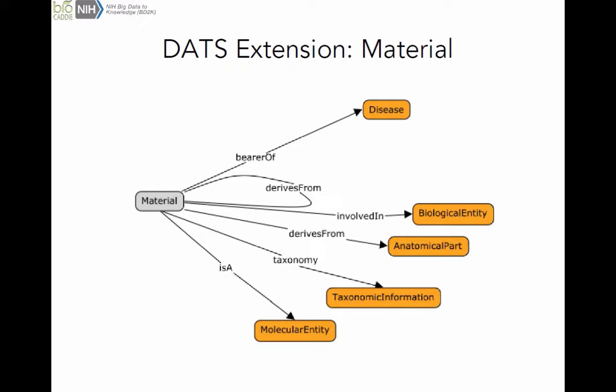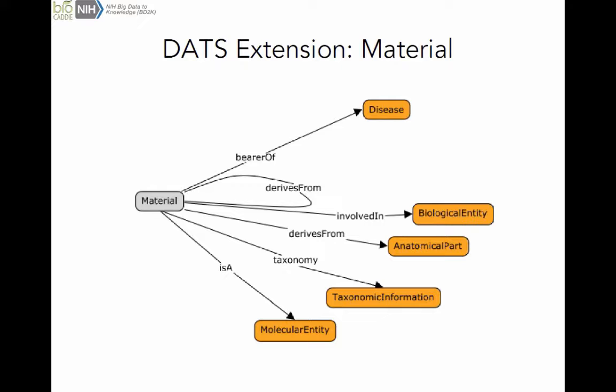It could be part of another material. We also need to talk about analytical locations, especially because we are talking about animals and patients, and we need to be able to understand when we are talking about a plasma sample where this is coming from.